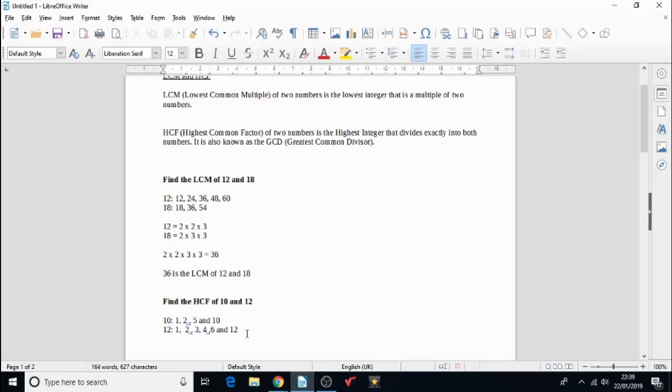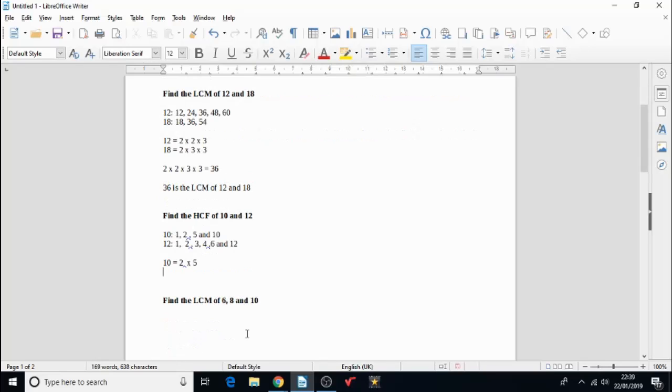Another way of doing this is, again, similar to the first question, split it up as a product of prime factors. So 10 is 2 multiplied by 5. Apologies for that. 2 being a prime number, 5 being another prime number.